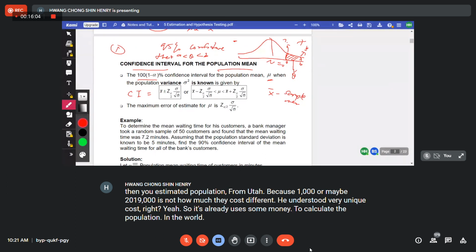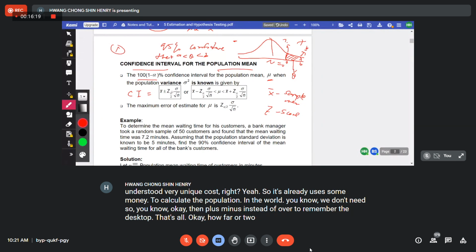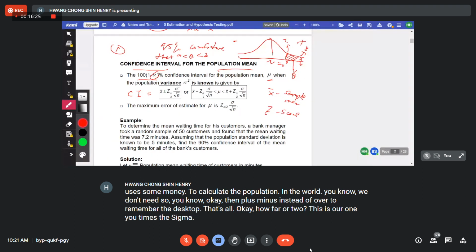So now we don't use the mu. Then plus minus z alpha over 2. Remember the z-score? Chapter 4. Alpha over 2. This is the alpha, you can get it from here. I'll show you later how to get it. Times sigma. Sigma is your population standard deviation divided by square root of n.